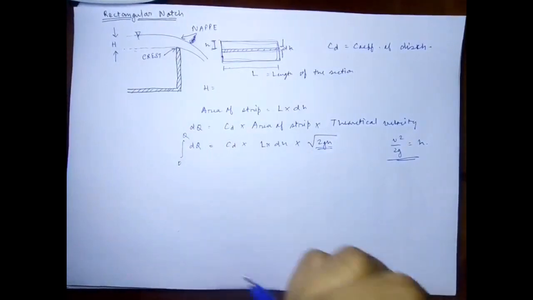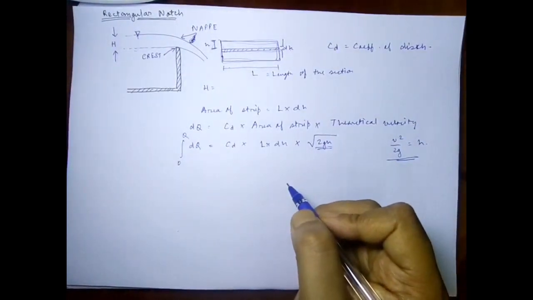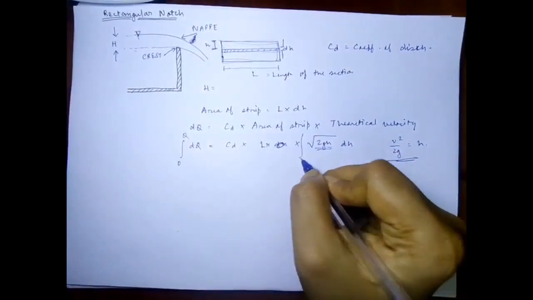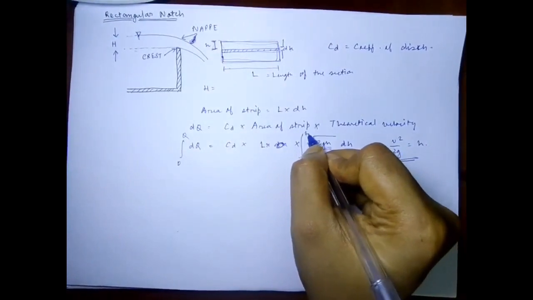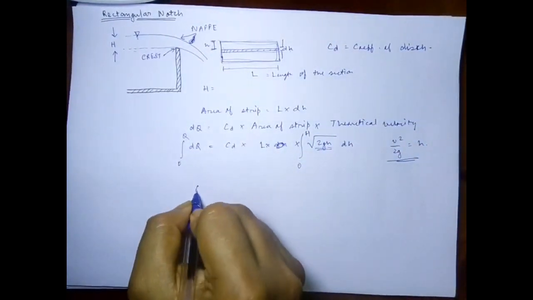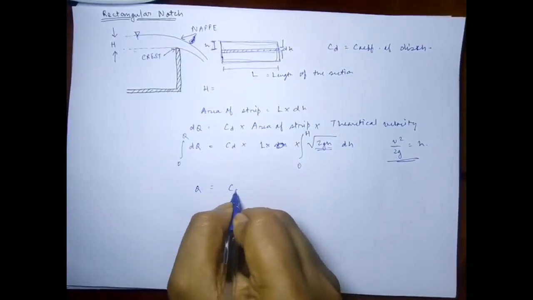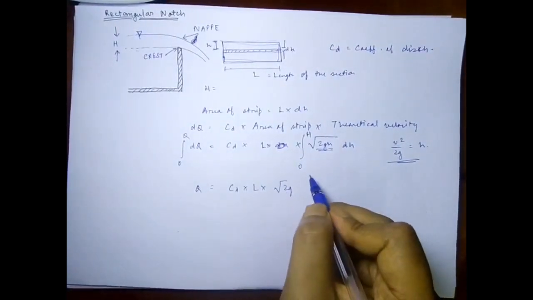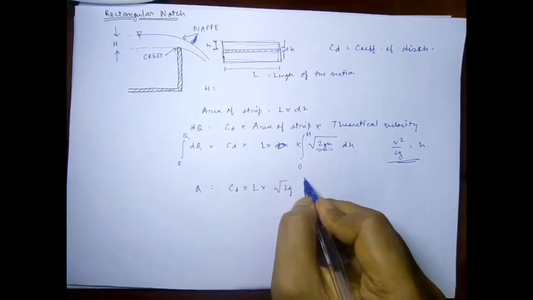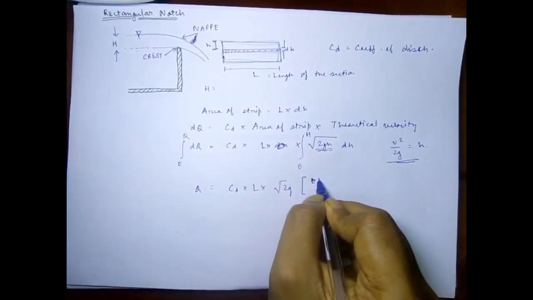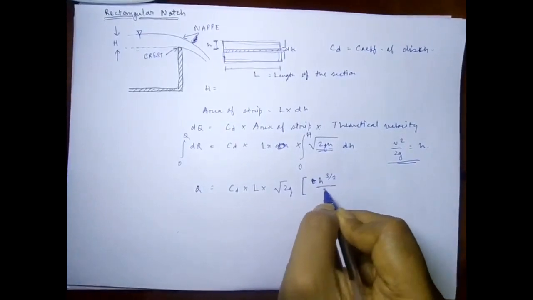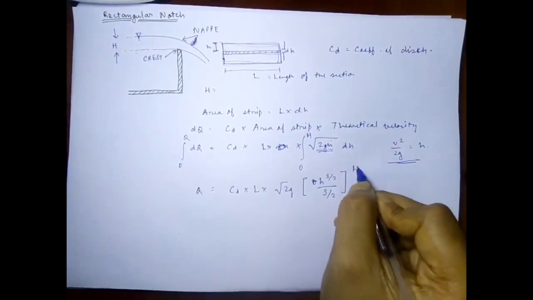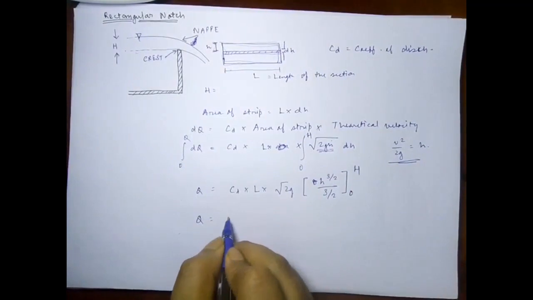This is 0 to Q, and let us suppose that the dh is over here, and it is 0 to capital H. So upon integration, Q is equal to CD times L times root 2g times the integral of root h, which will be h to the power 3 by 2 upon 3 by 2, because the power of h is 1 by 2 over here, and this will be from 0 to H.